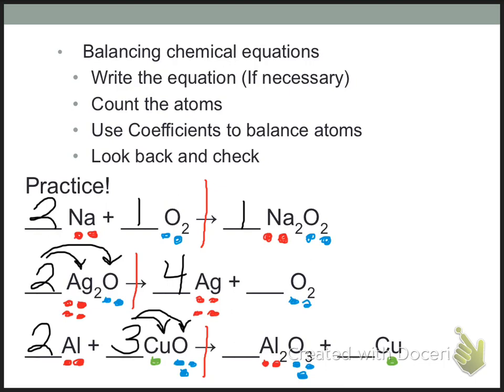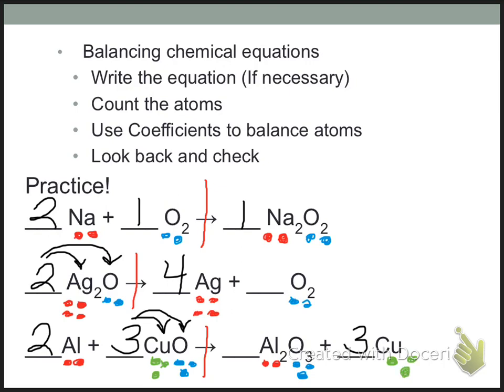So now I have 3 coppers on the left-hand side. So I need to find a way to make 3 coppers on the right-hand side. I'm going to put the coefficient of 3 in front of that copper and give me 3 coppers on my right-hand side.